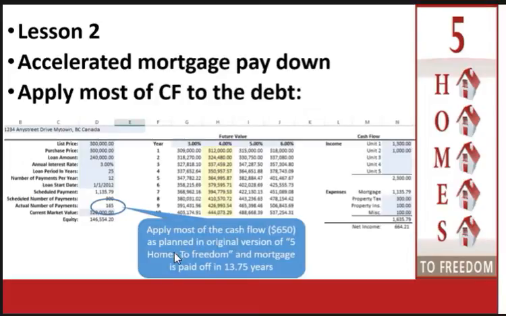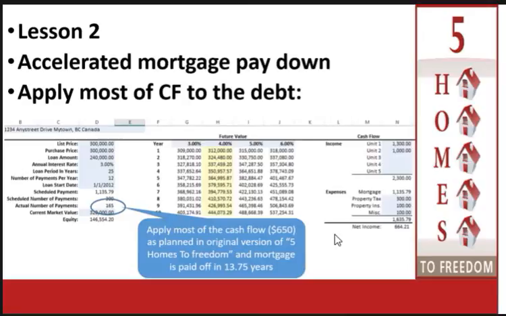So we increased the monthly payments by $650, and what happens is it reduces the number of payments that you make on that mortgage over the life of it. So instead of it being 25 years to pay that mortgage off, it is now being paid off in 13.75 years.